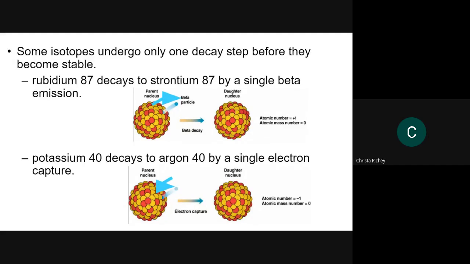With the whole COVID thing that happened last year, I don't know how many of you were in chemistry, but your protons are positive, your neutrons are neutral, and your electrons are negative. What changes the element is the number of protons. That is the only thing that changes the element. If you're going from potassium to argon, which is actually previous on the periodic table, then you must have absorbed an electron into a proton to change it to a neutron.